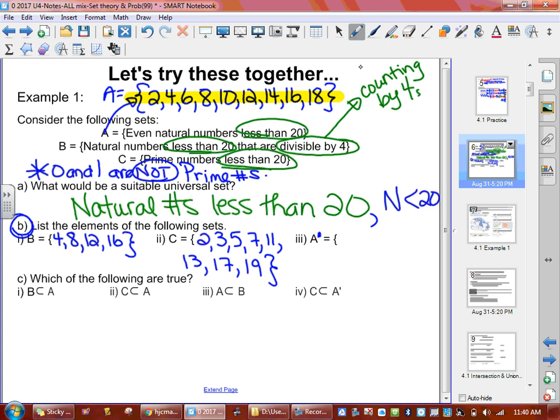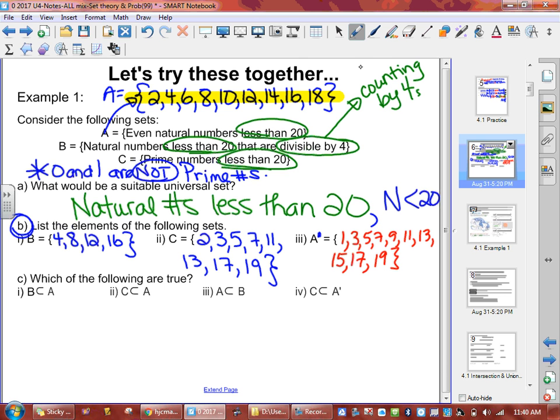So we're going to write down now the complement of A. So the complement of A, number 1, 3, 5, 7, 9, 11, 13, 15, 17, and 19. So it's all the odd numbers between 1 and 20. So it's everything that set A is not.